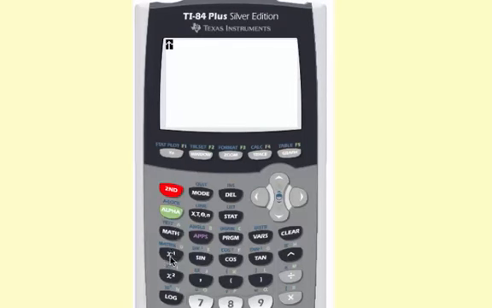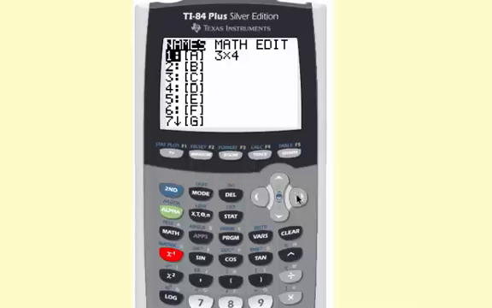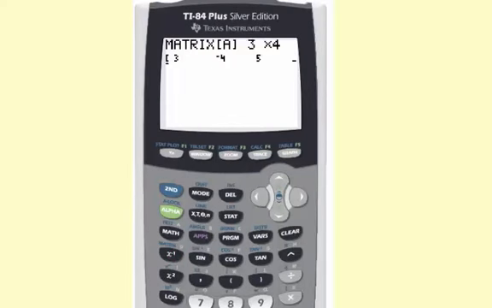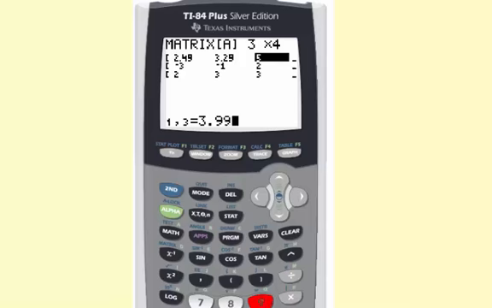So I'm going to go second matrix, then over to edit. And there's a 3 by 4 in here. That's fine because this is still a 3 by 4. Okay, so 2.49, 3.29, 3.99, and then 165.18.